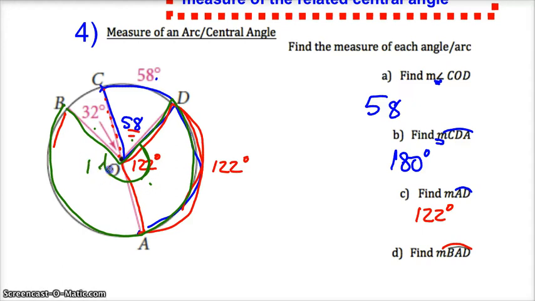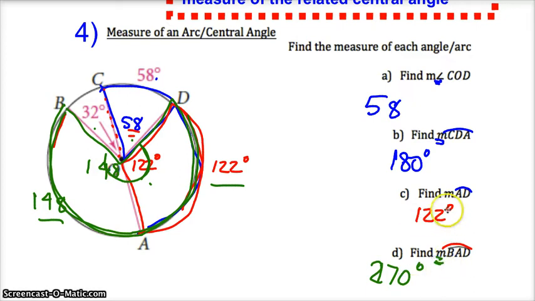So I subtracted from 360, found out that this one's 148. So this out here is 148. So from B to A, wrapped around to D, is 148 and 122, so 270 degrees. All of these are measurements, so they are all in degrees.